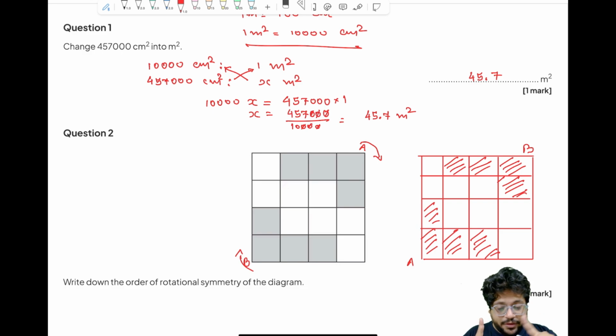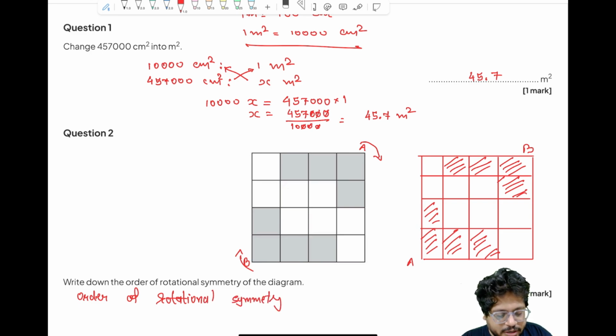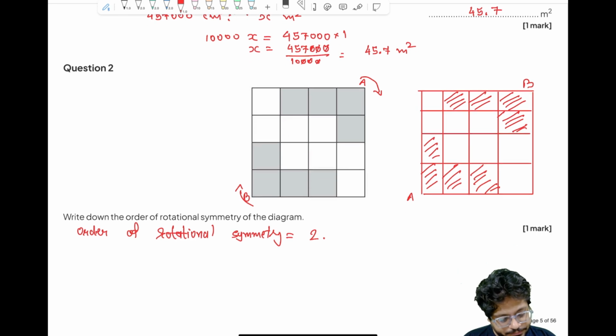But here, in one full circle, 2 times you will get the same figure. One is 180 degree and another is 360 degree. So the order of rotational symmetry here is 2. And if they ask you the degree, then it is 180 degree. Clear?